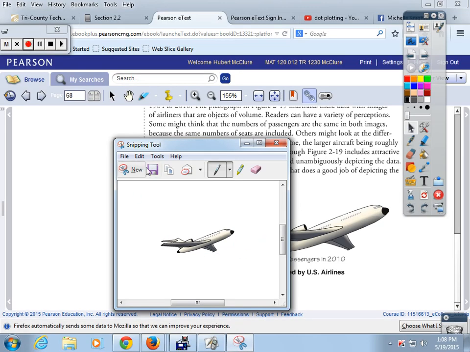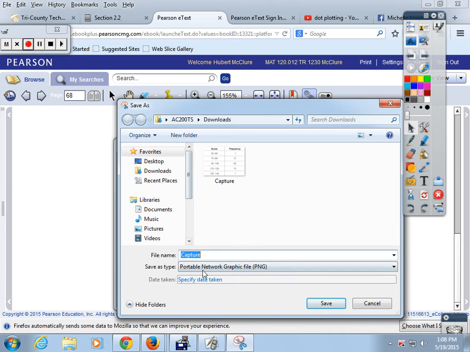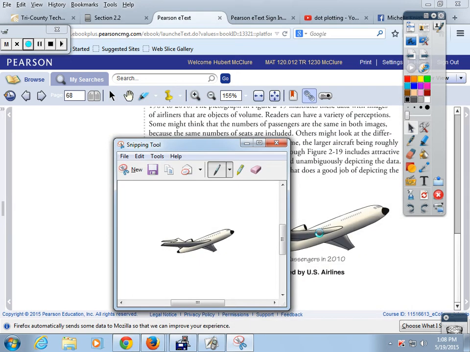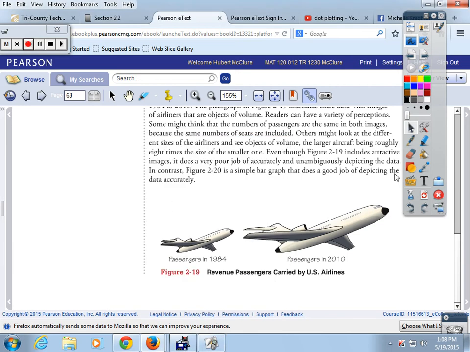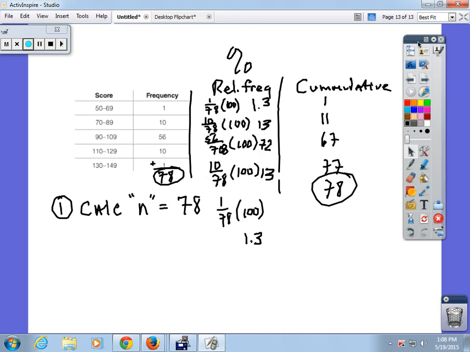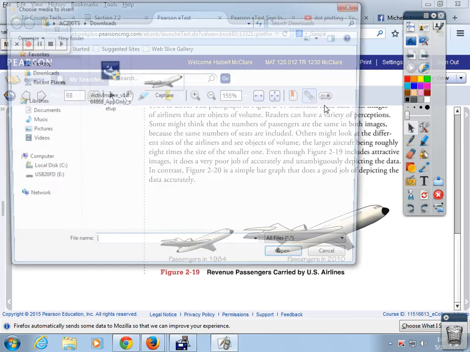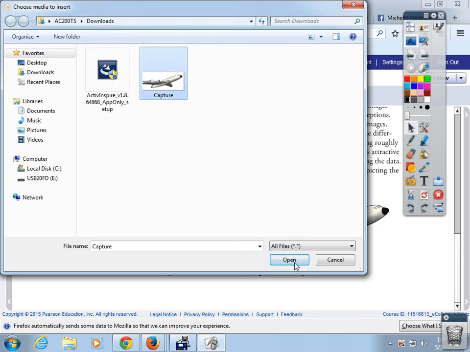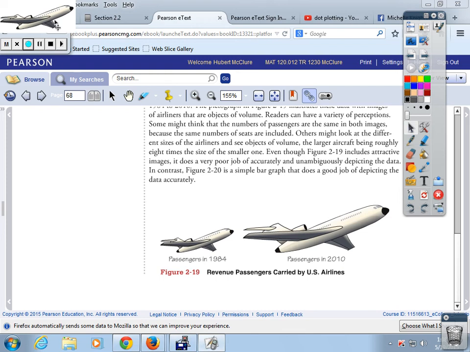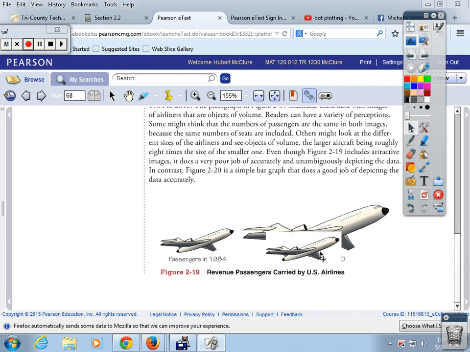Alright, there's our handy dandy airplane. Now, I'm going to take this airplane out and I'm going to insert, I have to go through a different menu here, insert media, and we're going to take that guy, and he's right here. I was going to try to make it to where that's about right in there. That's one.